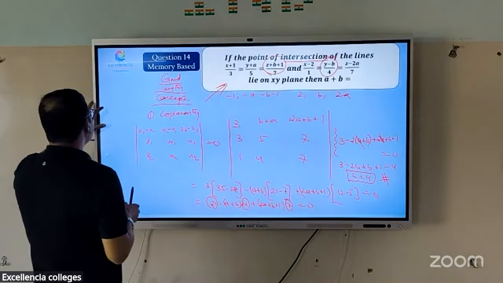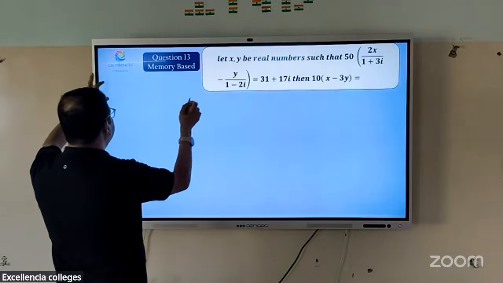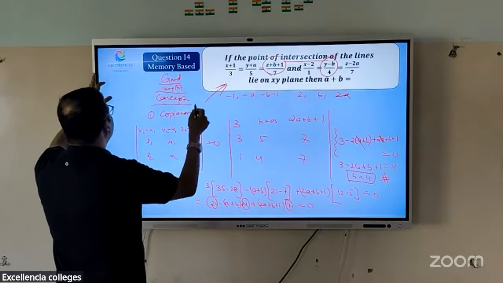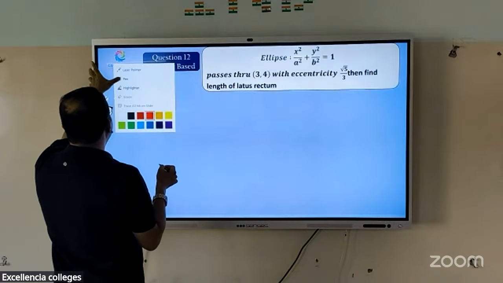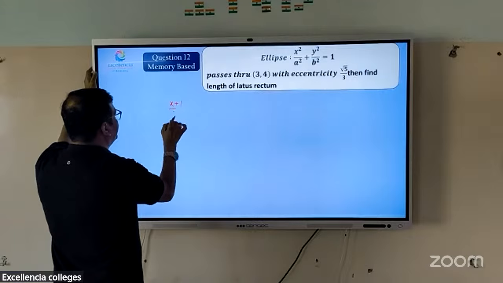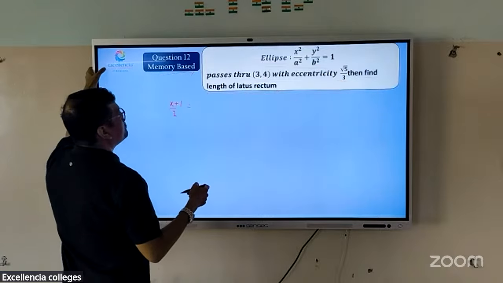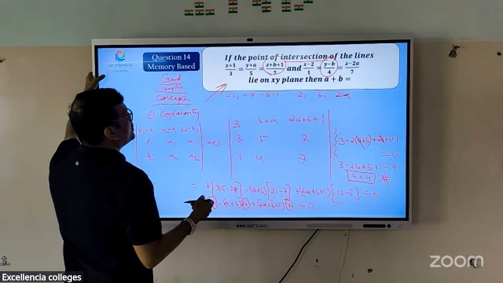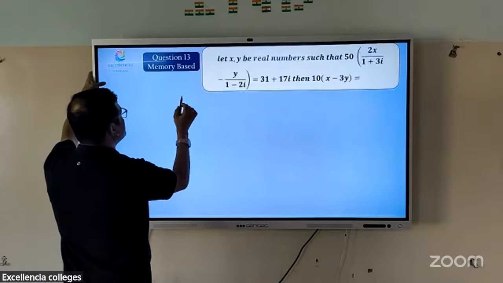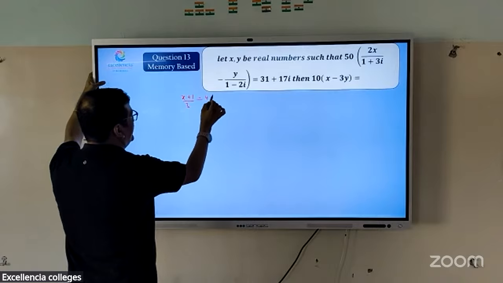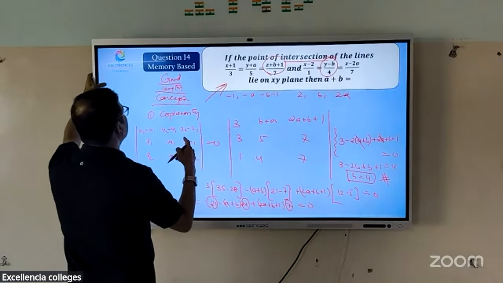B will give me the first line: (x plus 1) by 3 is equal to (y plus a) by 5 is equal to (z plus 5) by 7.